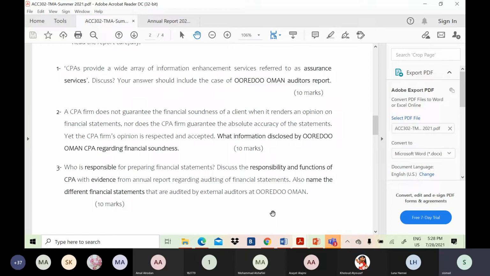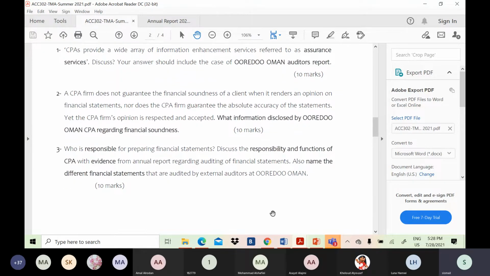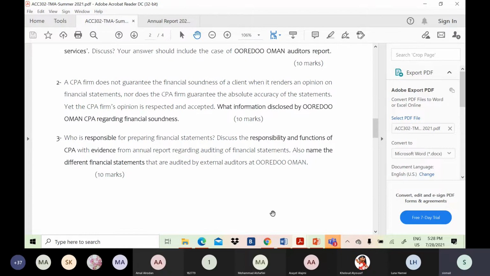Now let's go to the third question. Who is responsible for preparing: from the material, and support from the Oman annual report. Discuss the responsibility and the function of CBA: from the material, with evidence from the annual report.